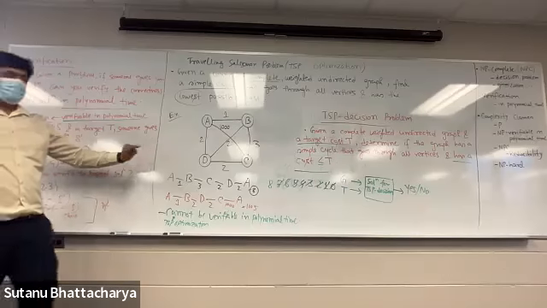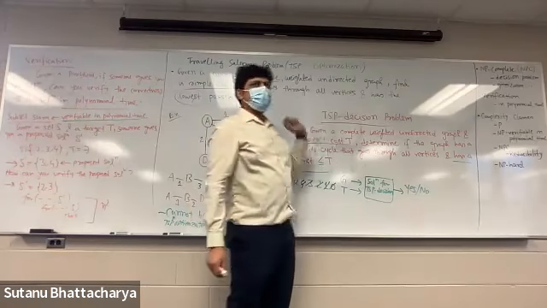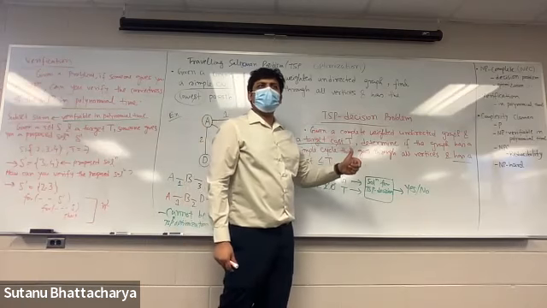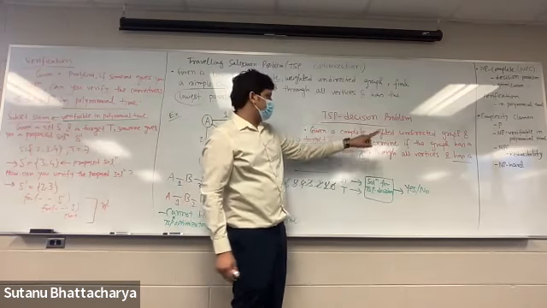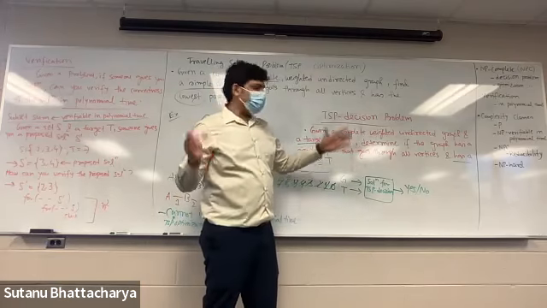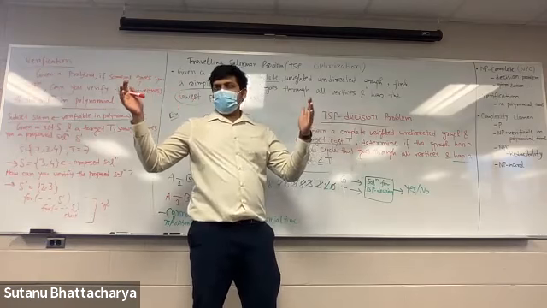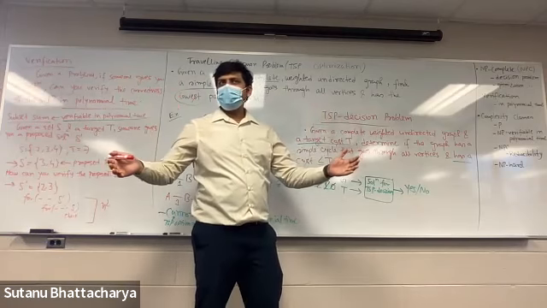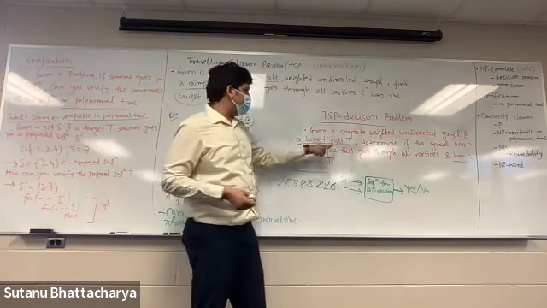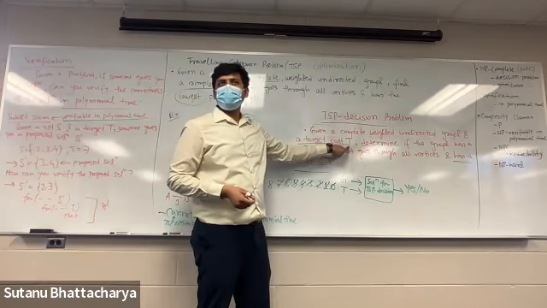Clear? Now let's talk about the TSP decision problem. If I give you some solution, can you verify? Suppose I give you some simple cycle. Now what you need to check is whether the cost of that cycle is less than or equal to t or not.